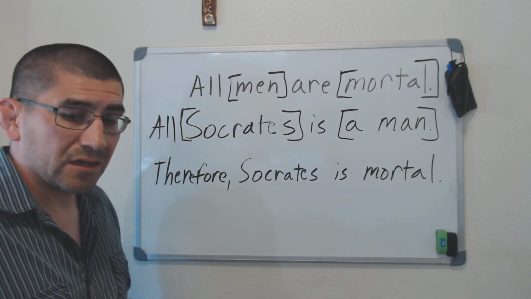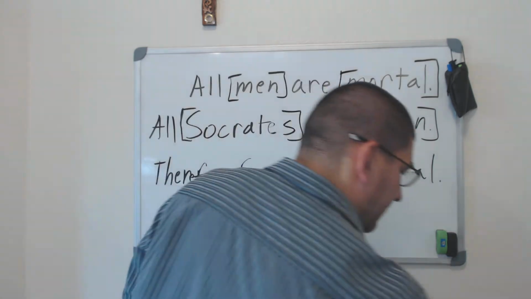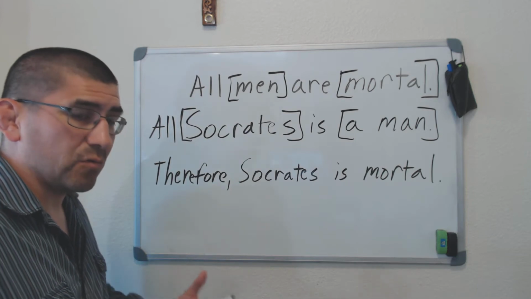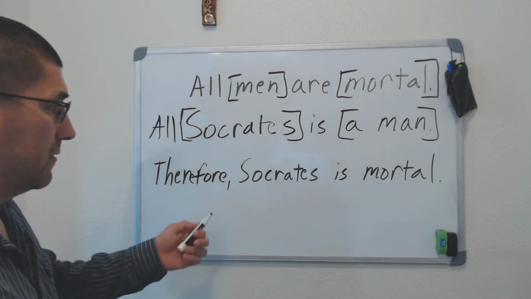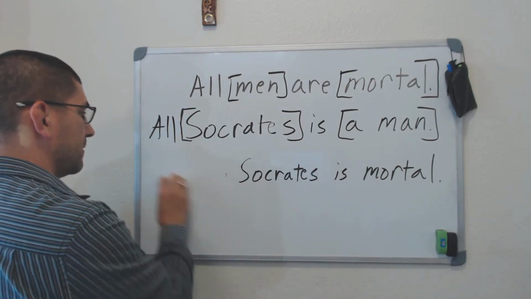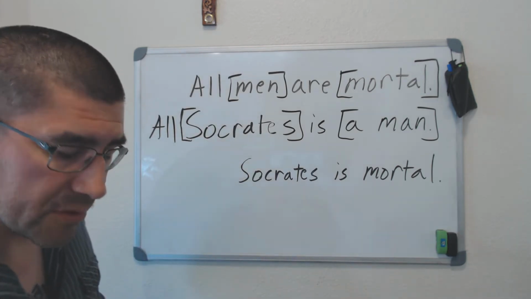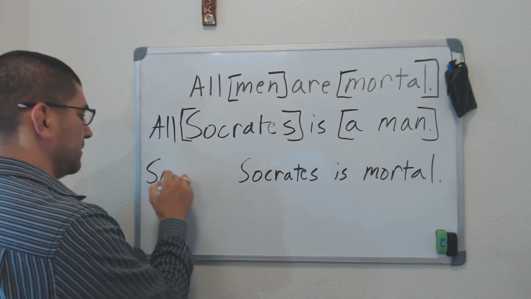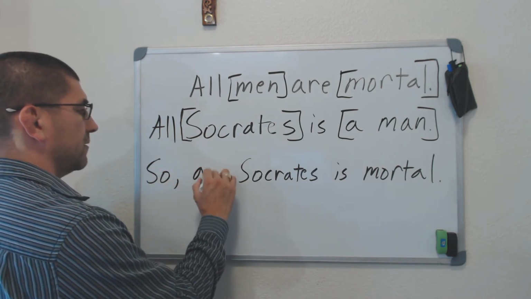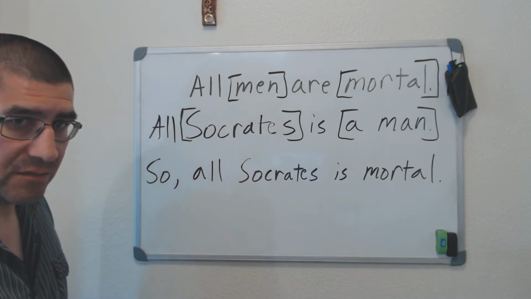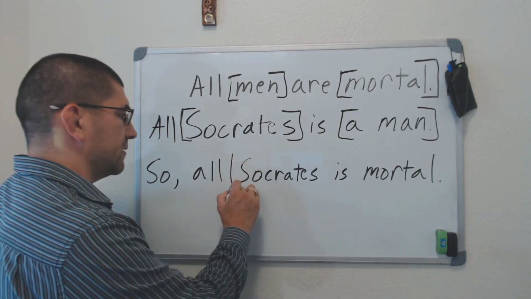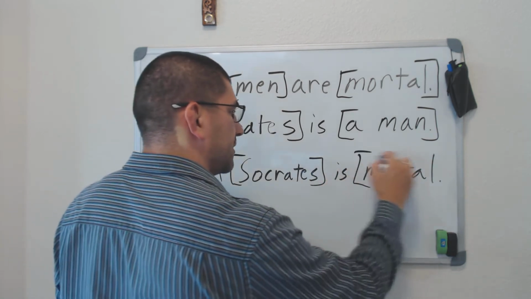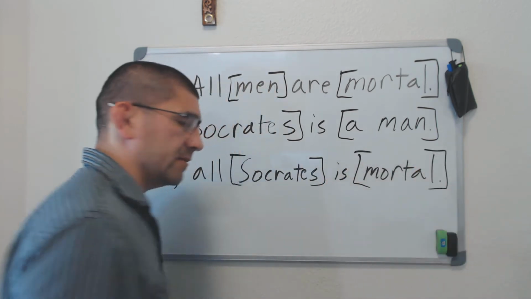In order to put this in logical form, what do I have to add? I have to add the quantity, which would be all. Instead of using therefore, I'm just going to use the word so, because it means the same thing and it's shorter to write. So, all Socrates is mortal. I'm putting Socrates, my subject term, in brackets, and mortal in brackets.